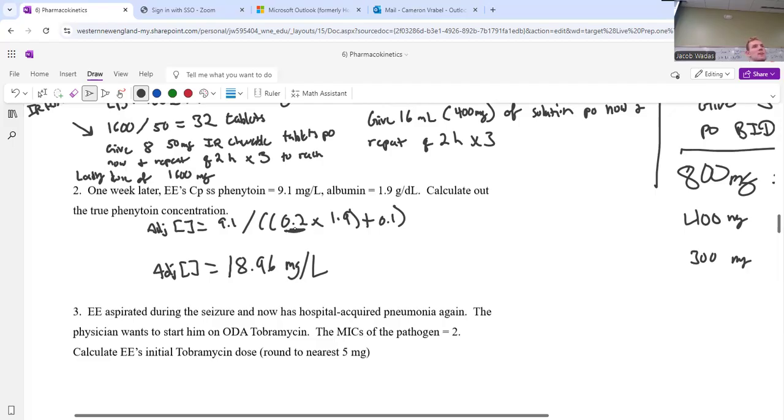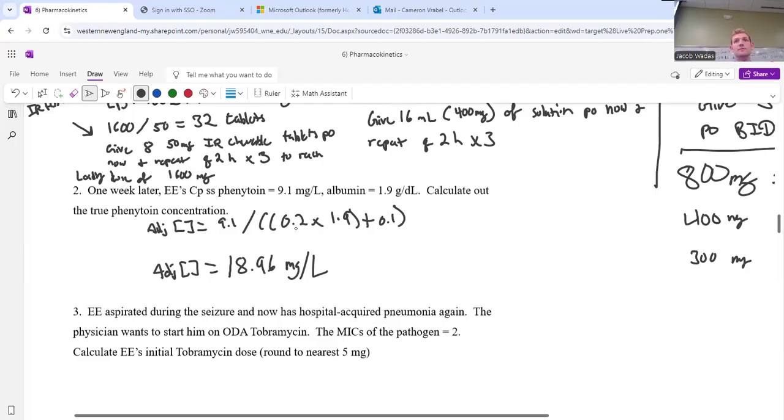What he said in class is that he will make it very clear which one he wants us to use, like he will specify the patient is in critical renal failure. It's not on the equation sheet, so make sure you know that. Same thing, it's just that the 0.2 is 0.1.